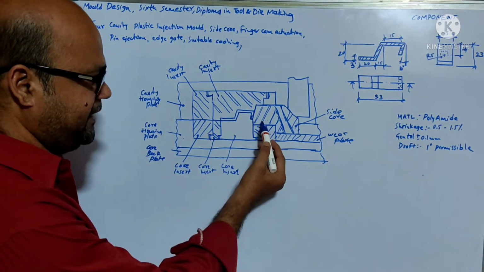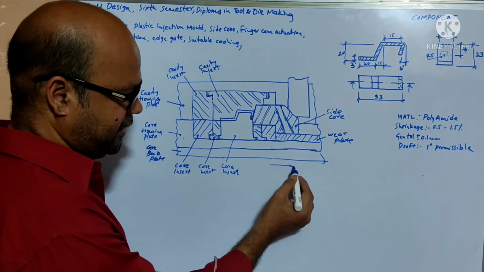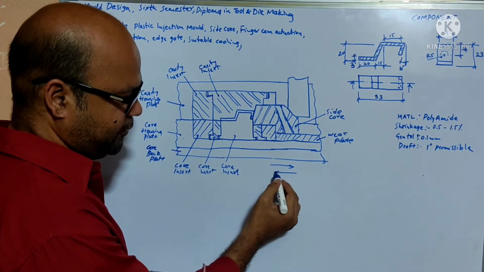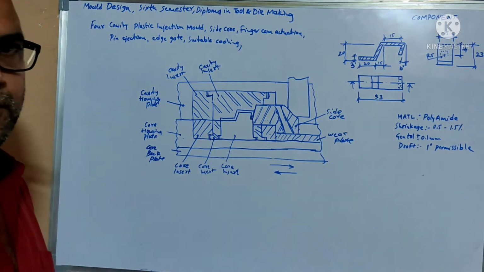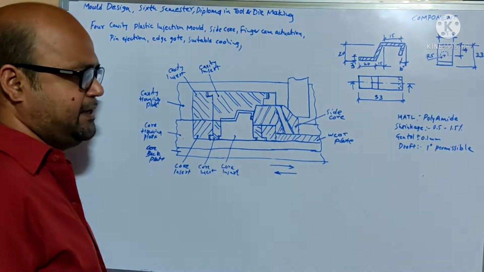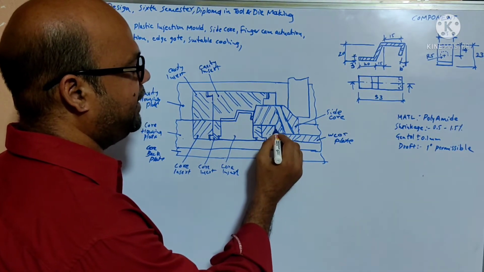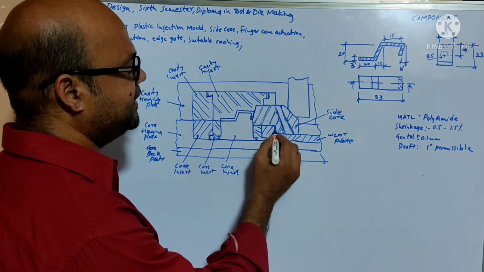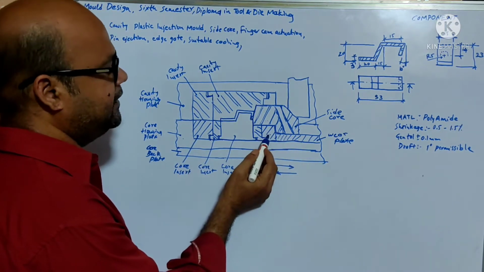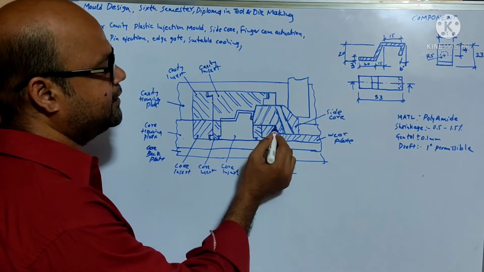by which the side core moves outside and comes inside through the actuation of the finger cam. Here the side core comes and stops by contacting with the core insert.